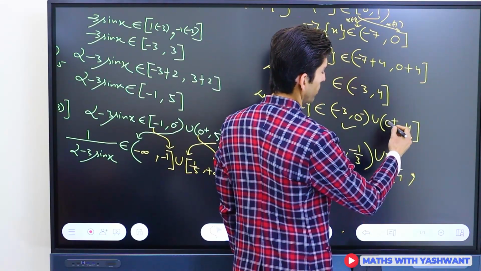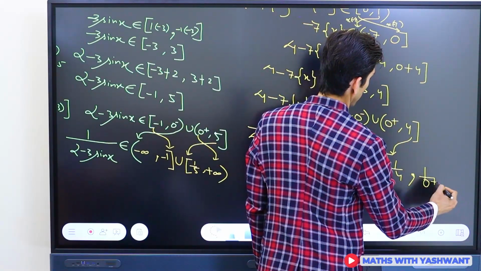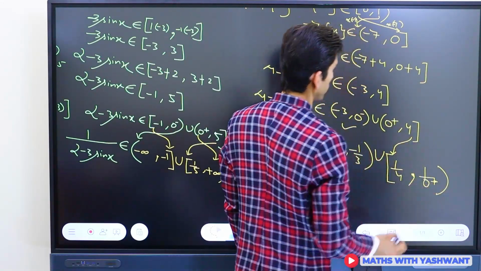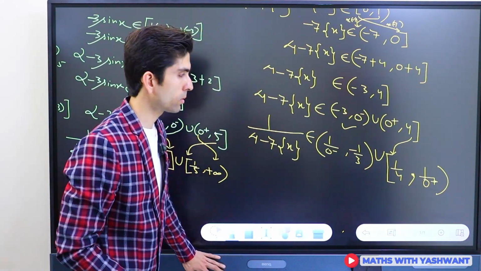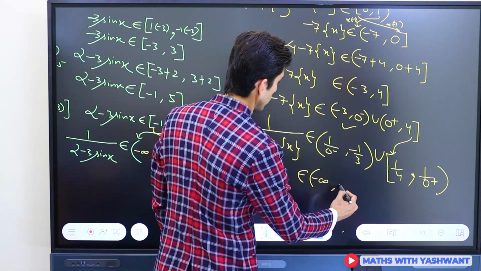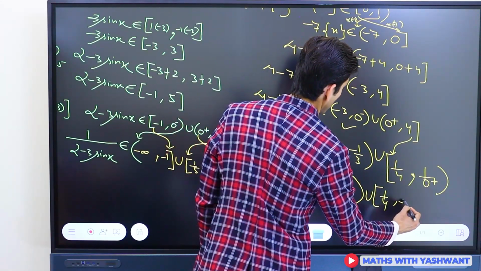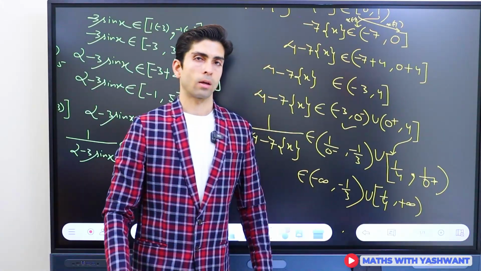We do the reciprocal of the left hand boundary point and we do the reversing. So 1 upon 0 positive, and we have to reverse the order of open and close as well along with the numbers. So this finally comes out to be -infinity to -1/3 union 1/4 to +infinity, and that's all.